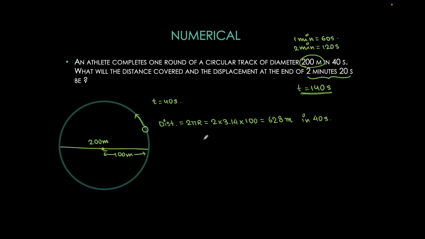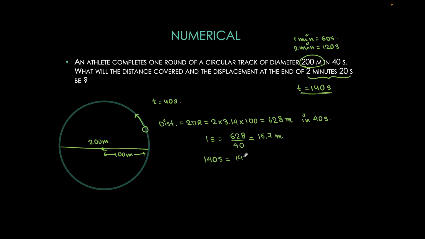Now what is the distance traveled in 1 second? In 1 second, the distance traveled will be 628 divided by 40, which is 15.7 meter. So basically in 140 seconds, what will be the distance traveled?